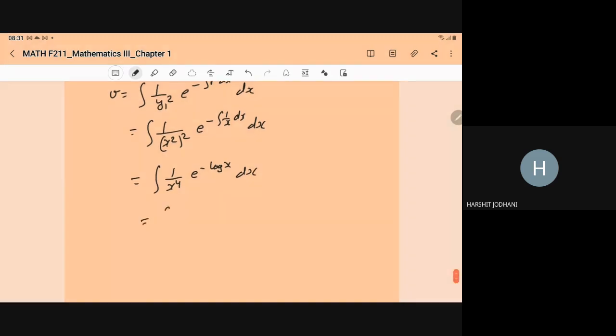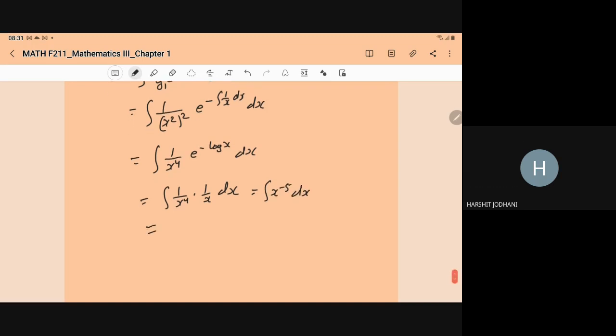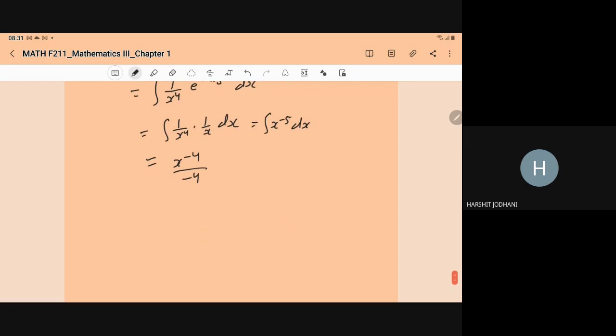So that is the integral 1 upon x to the power 4 into 1 upon x into dx. So it will become the integral x to the power minus 5 dx, and its integration will be x to the power minus 4 upon minus 4.